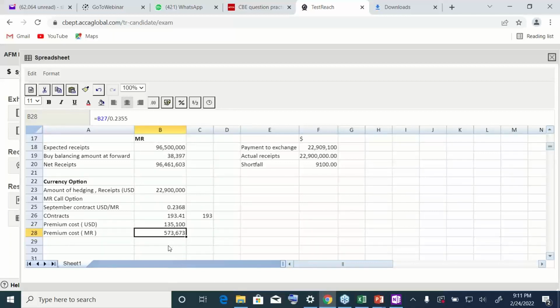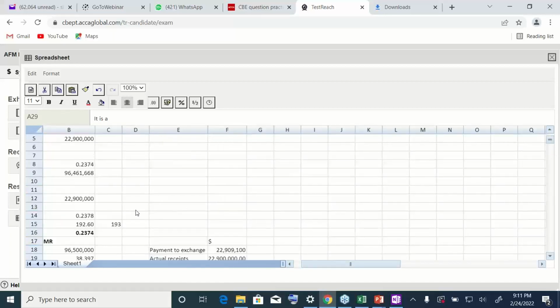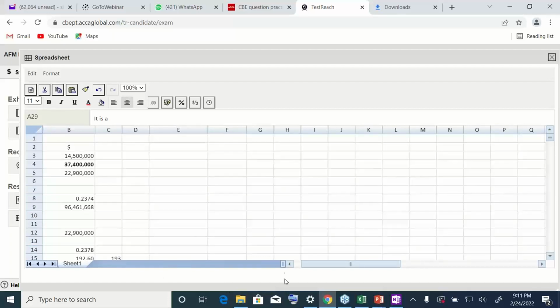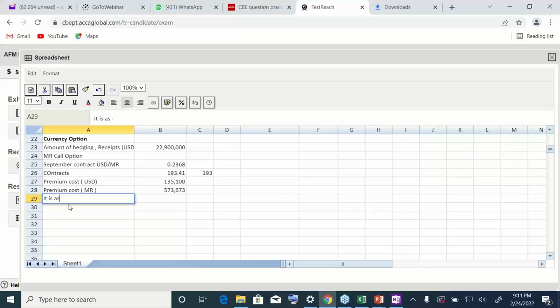Okay. Now you will decide. You will always be writing this statement: it is assumed that option will be exercised.